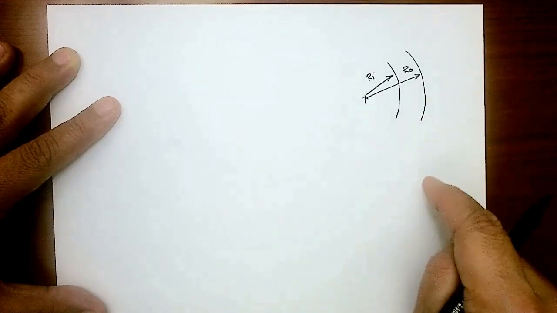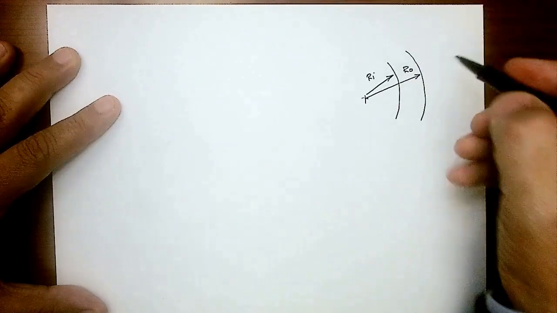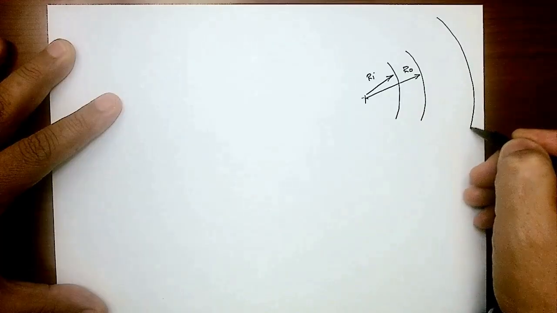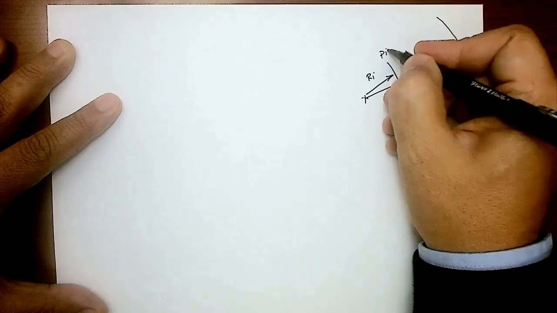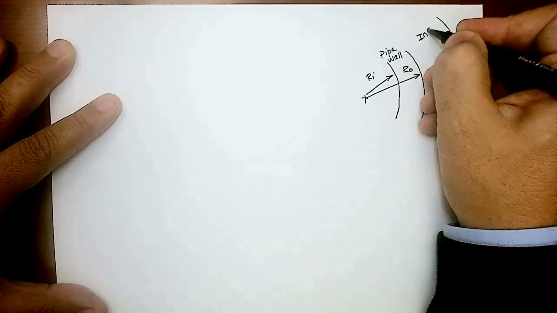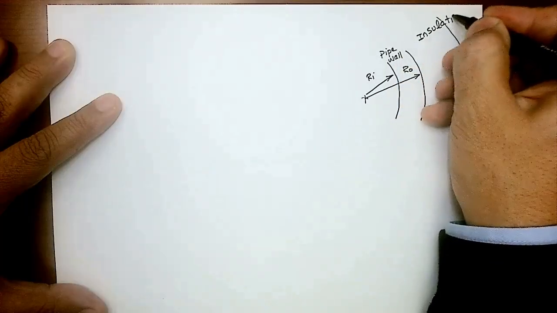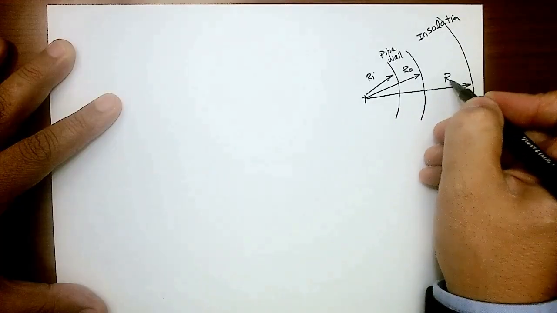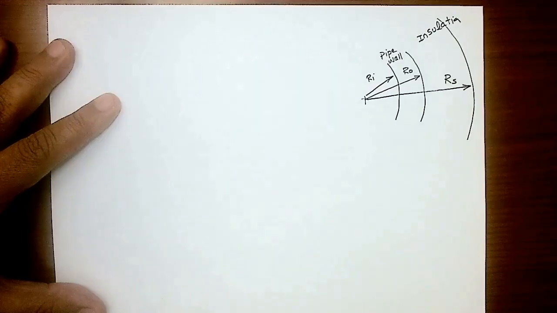But this pipe is wrapped by thermal insulation. So that's the pipe wall, and that's insulation. So I'm going to have a third radius, RS, which is the insulation radius.